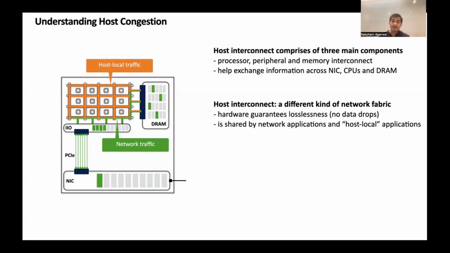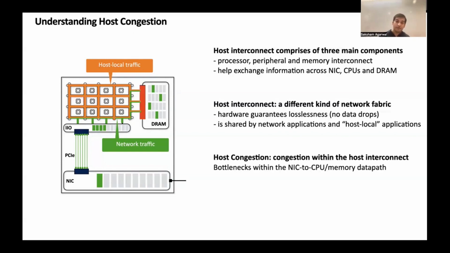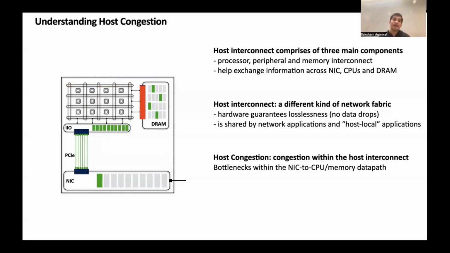For instance, traffic from host local applications and the network applications can contend for the memory interconnect bandwidth, leading to congestion at the memory controller. And since the host interconnect is lossless, this congestion results in back pressure all the way back up to the NIC. And this leads to packets being queued and eventually getting dropped at the NIC.